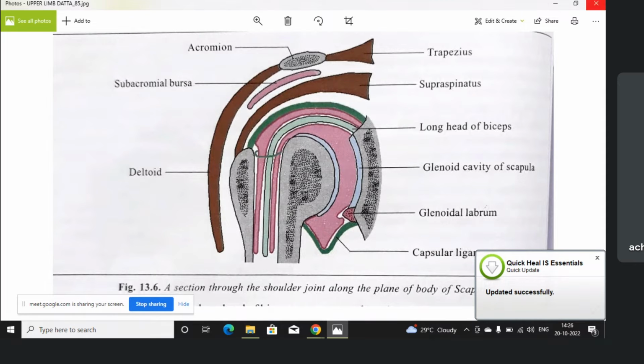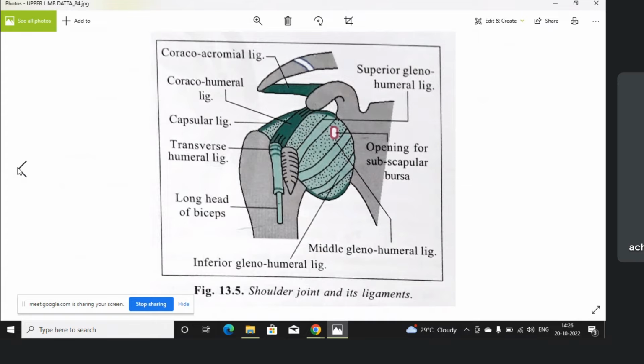Next, come to the ligaments of the shoulder joint. Number 1, capsular ligament, in brackets write fibrous capsule. Number 2, glenohumeral ligament.